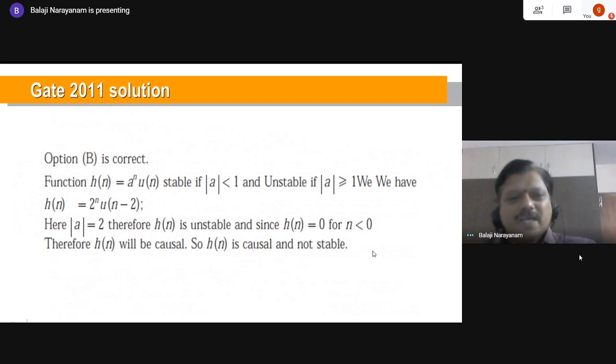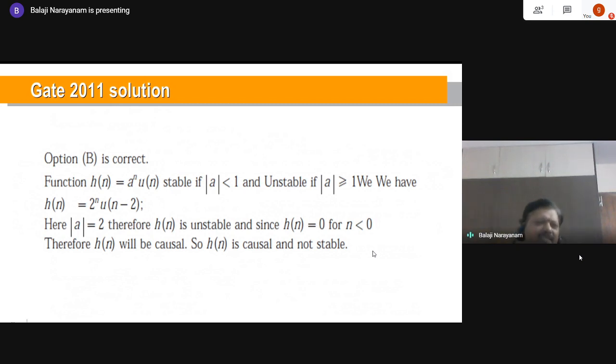For example, if the given equation is h of n is equal to 1 by 2 whole power n u of n minus 2. I am changing the given system equation and creating another new problem.